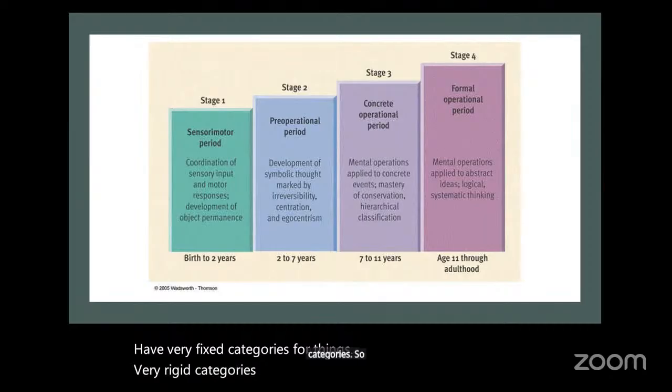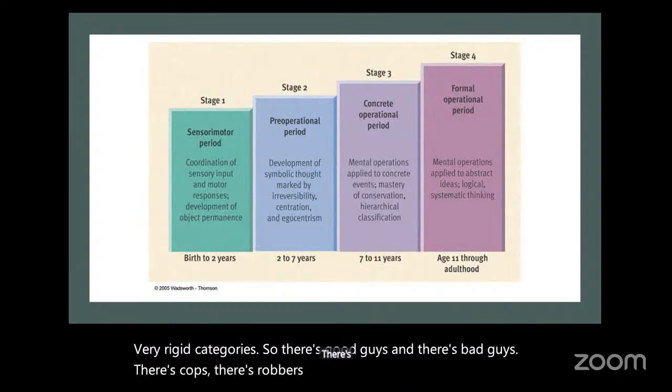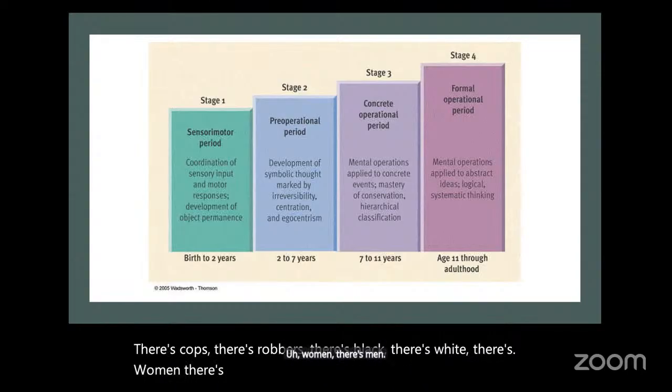So there's good guys and there's bad guys. There's cops, there's robbers. There's black, there's white. There's women, there's men. And everything is put into categories that don't overlap. They're fixed.